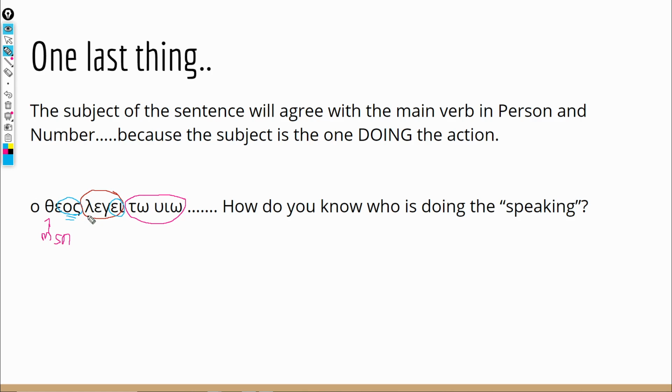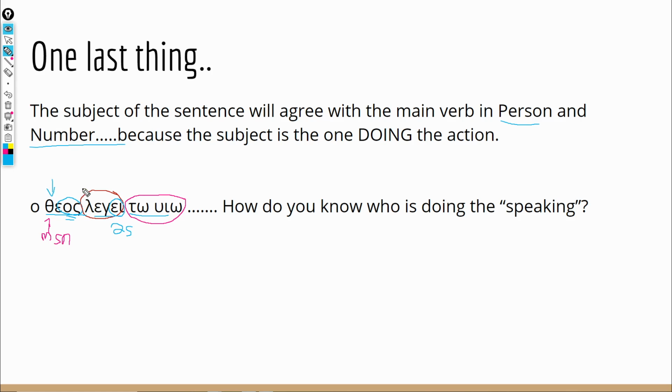This says God said to the Son, right? God said to the Son. We understand that because lege and theos match in person and number, as well as we identify theos as the subject.